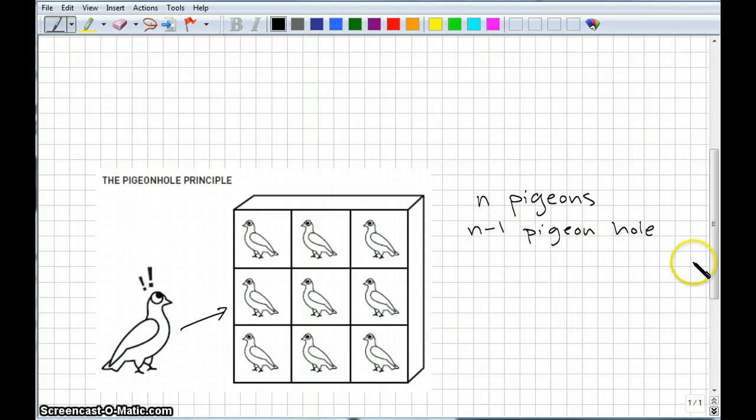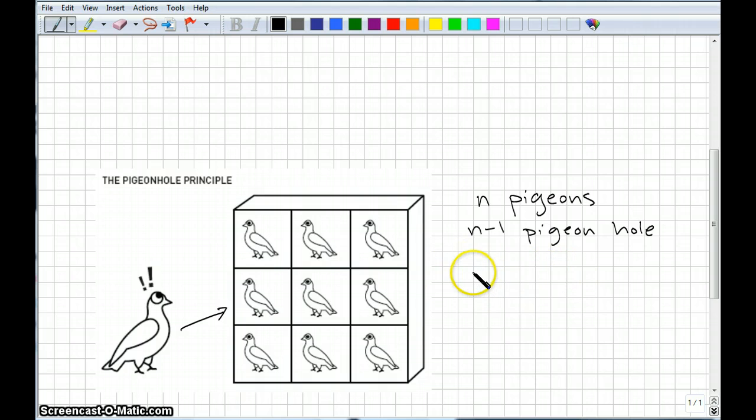So the trick in this problem is to find an analogy between the pigeons and their holes and the students at Hogwarts and their number of friends. Okay?